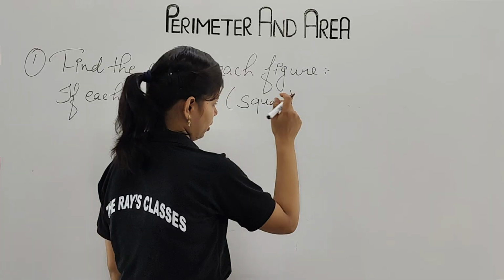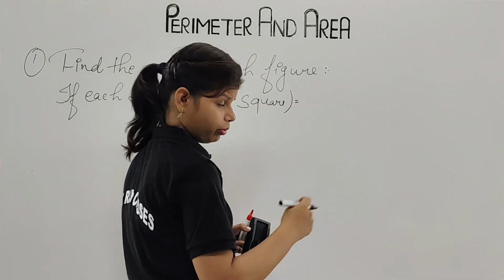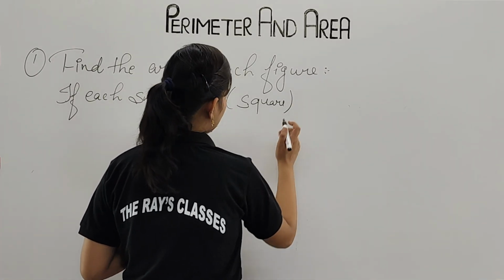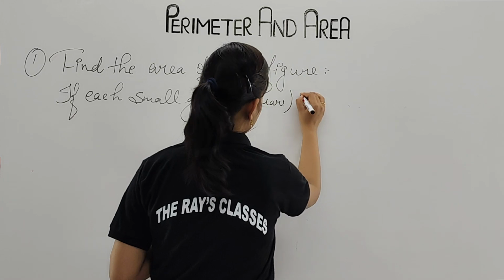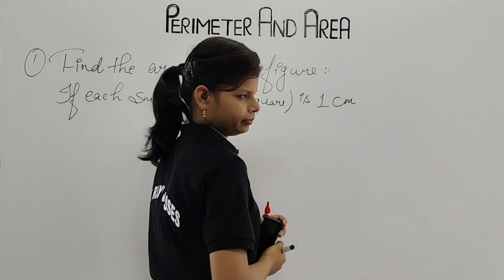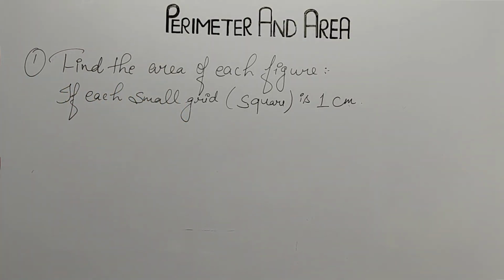You have also seen it in graph paper, where we have one grid. So if each small grid shape is a square, how many centimeters is it? 1 centimeter. Clear, children? So let's solve a few problems based on this.